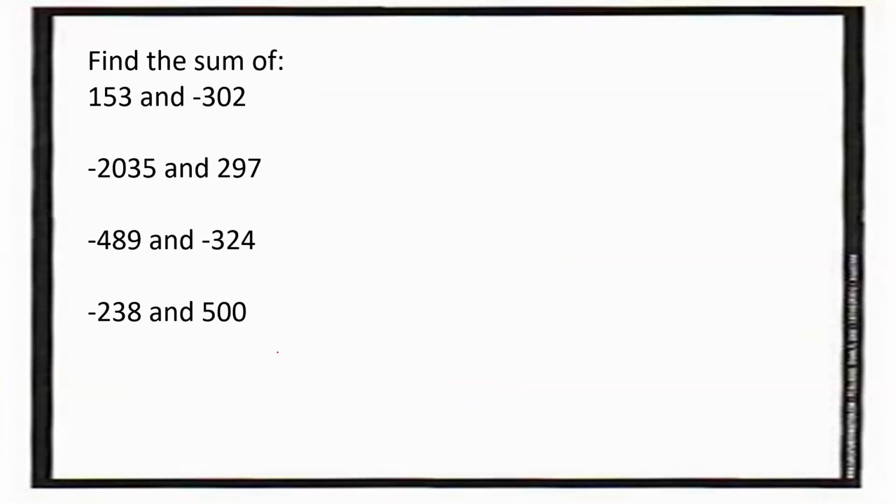Now minus 238 and 500. Simply copy it down as it is. Instead of "and", put plus. Now simply subtract, as we did in the previous question. From 500, just minus this.